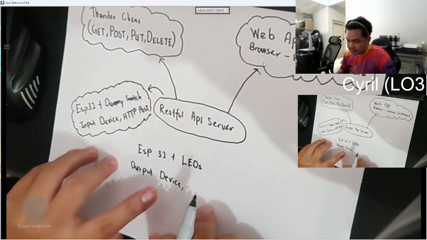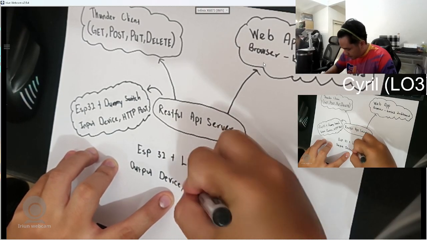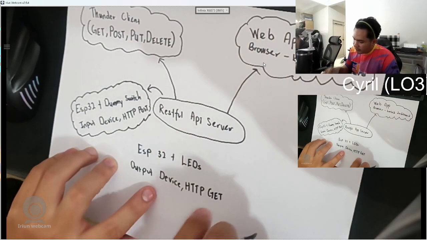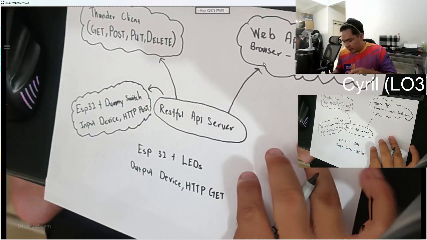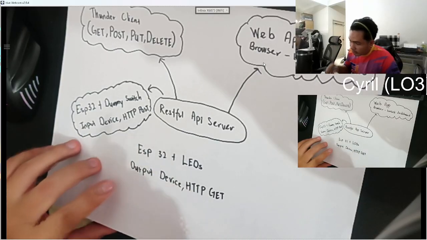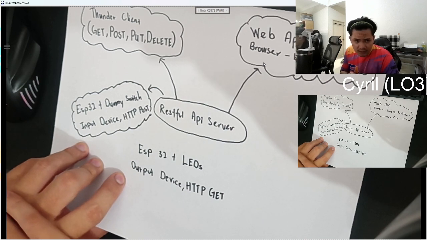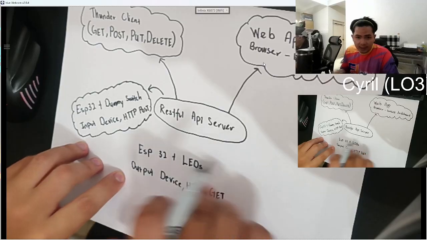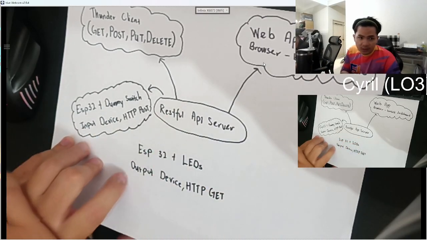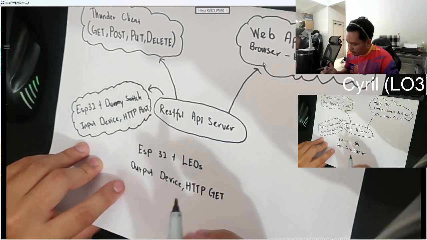When the user toggles the switch, this thing will automatically send an HTTP GET request to the server to check whether each LED should be turned on or off.